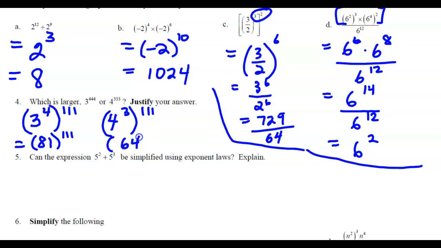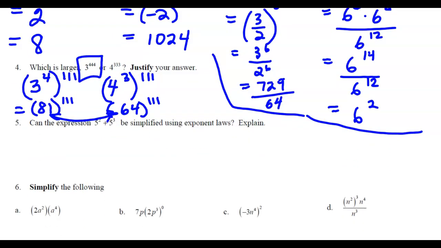So which do you think is larger? 3 to the power of 444. This one's larger, because 81 is bigger than 64, and they're both raised to the same exponent. Is there any special law for adding powers with the same base?